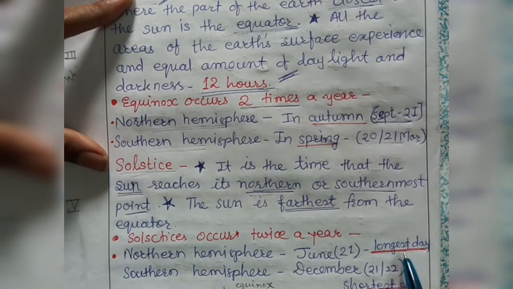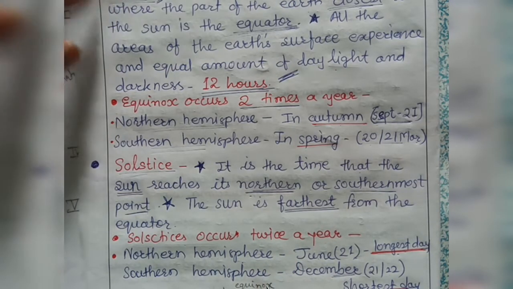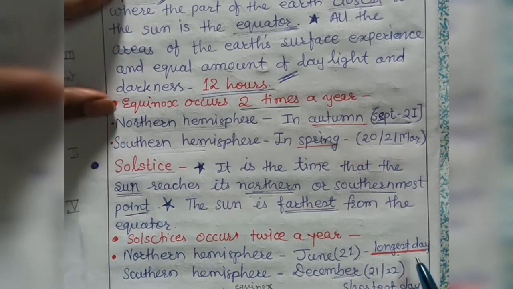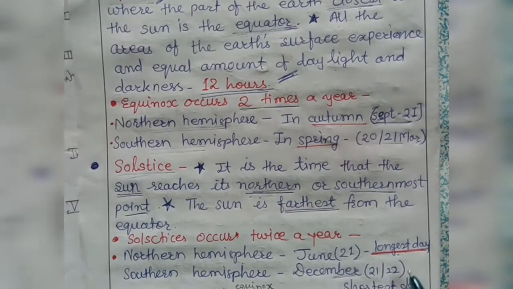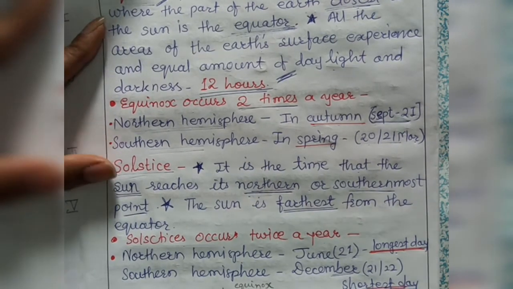Okay, in the southern hemisphere, 22nd December is the shortest day, and we can say these are the 2 dates on which solstice occurs. 21st June is the longest day, and 22nd December or 21st December is the shortest day of the year.